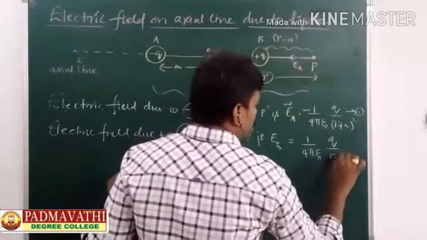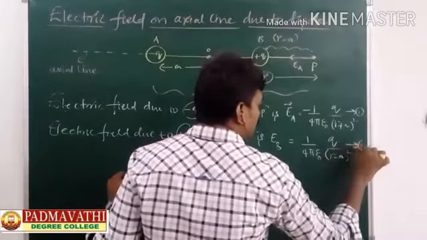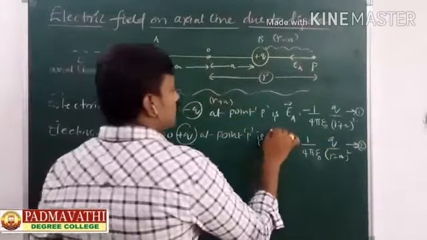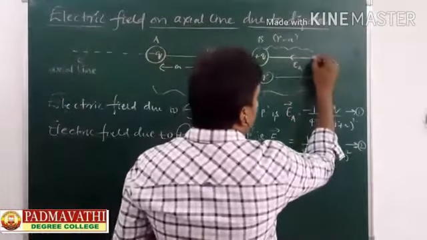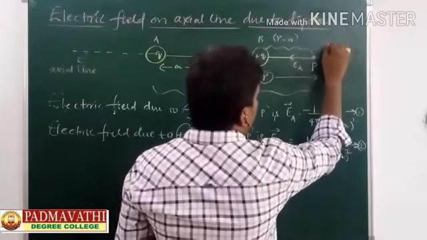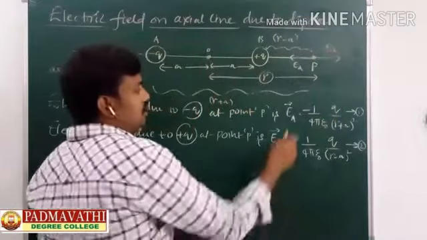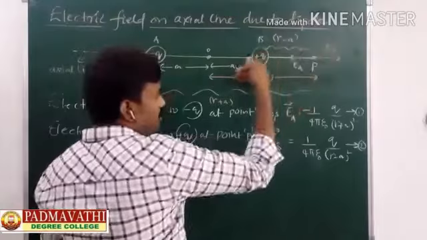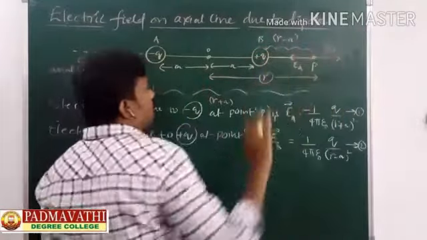So I am going to write it as (r minus a) whole square, and this is equation 2. Now what is the direction of EB? As we write it as EB bar, the direction will be away from plus Q. So this is EB. EA is minus and EB is plus. Why? Because EA will be in this direction and EB will be away from plus Q.